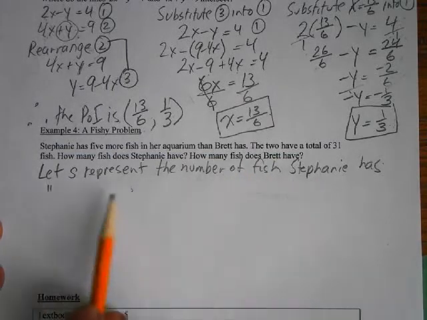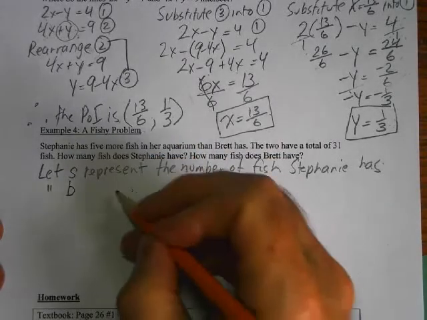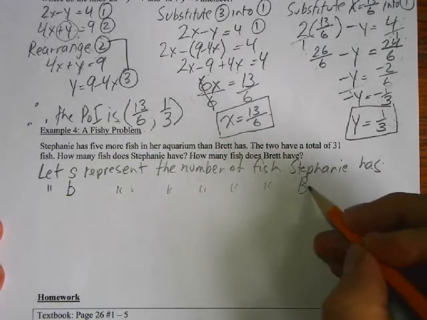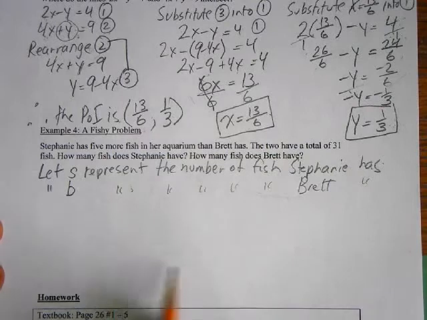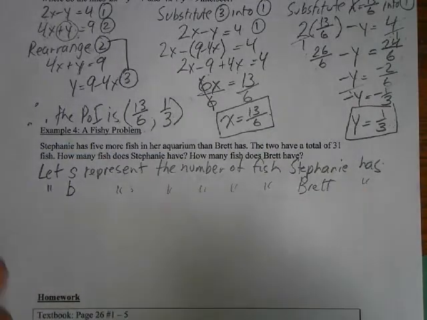So obviously we're going to pick b, little b, to represent the number of fish Brett has. So take advantage of the fact that only two things change here. Put these quotes, saves you a lot of energy.